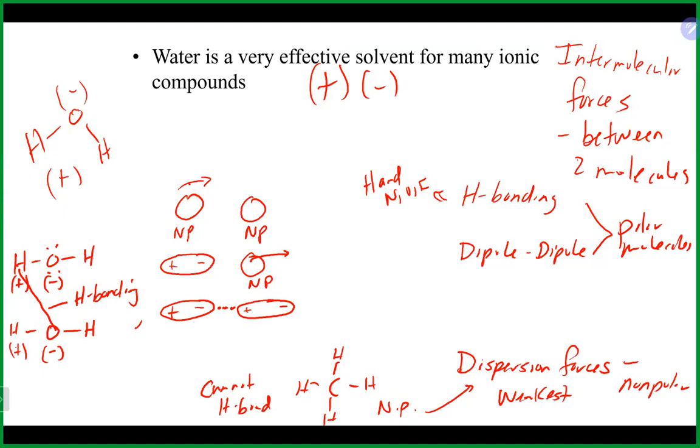It also can temporarily happen if you put a polar molecule next to it or an ionic guy next to it, because those guys have charges or separation of charge, and that can happen. And that's why we see something like oil and water, for example, or oil and vinegar sort of mix for a bit, and then they sort of separate out. And again, they could temporarily sort of interact with each other, but they have no way to maintain that.